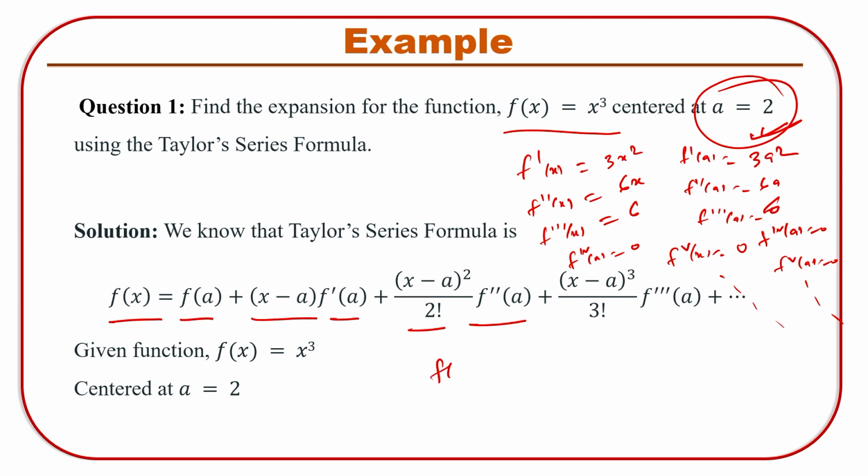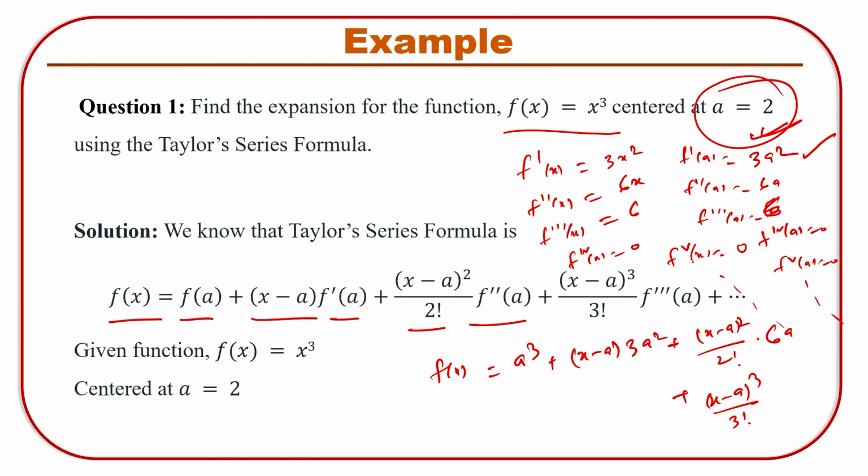So, we can find f(x) as follows. f(a) is equal to a cube, plus (x minus a) into f'(a), which equals 3a square, plus (x minus a) whole square by factorial 2 into f''(a), which equals 6a, and (x minus a) whole cube by factorial 3 times f'''(a). f'''(a) is equal to how much?